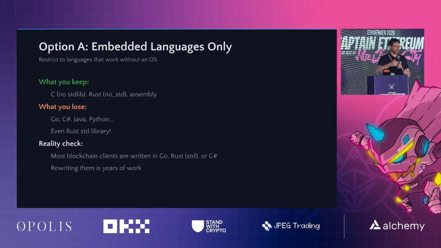So you have C without what's called a stdlib, or Rust in a mode called no std. Even with the most suitable language you can find, you're not going to be able to write every type of program. You're going to be constrained. That's the drawback. The advantage is that you can ship much faster.